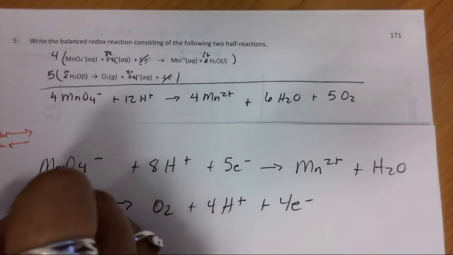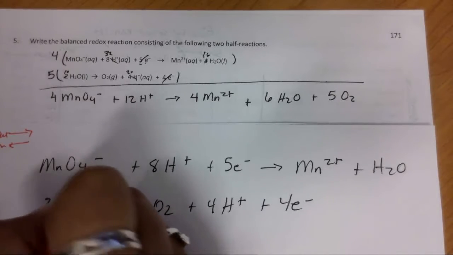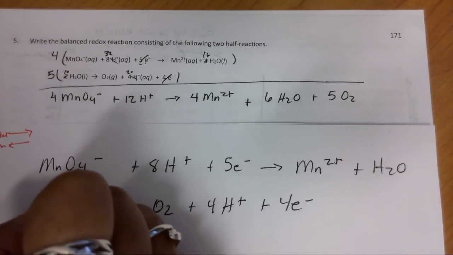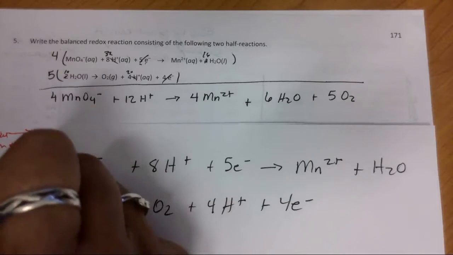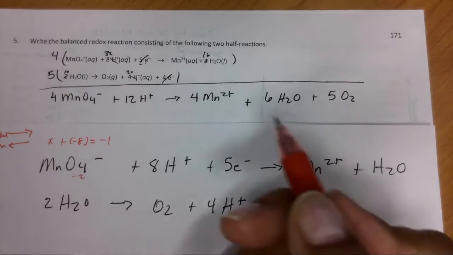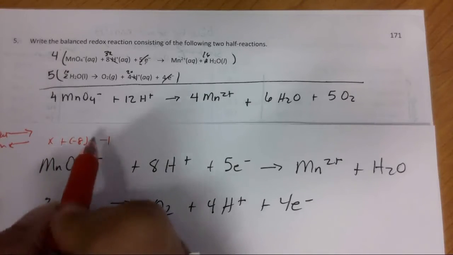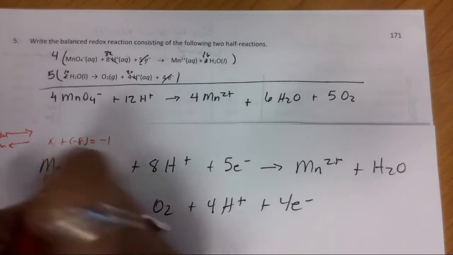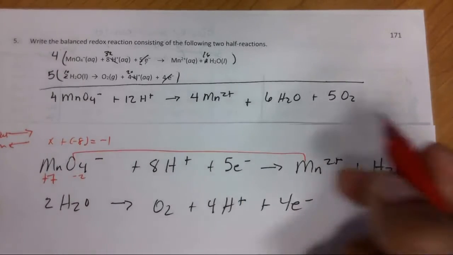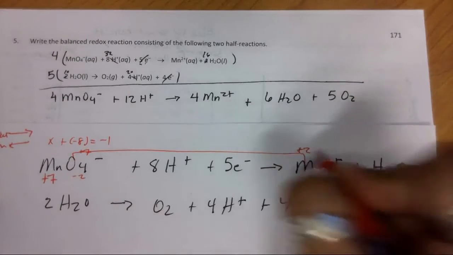And if I look at the oxidation of this MnO4, I know that oxygen is a minus 2. So a minus 2 times 4 is a negative 8, right? This has an overall charge of negative 1. So what do I need to add to this negative 8 to get a negative 1? I need a plus 7, right? So this guy is a plus 7. And it goes over here, and now we're going from a plus 7 to a plus 2.